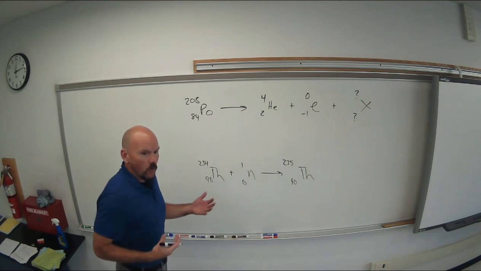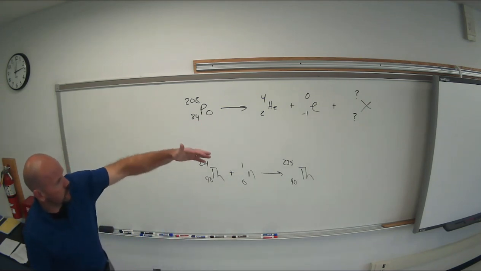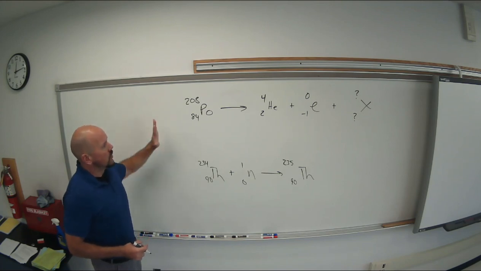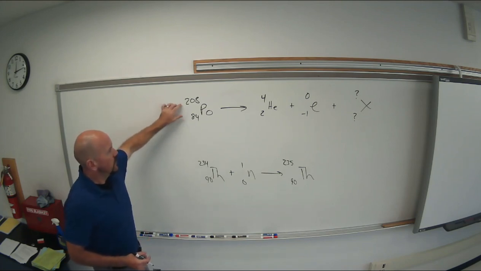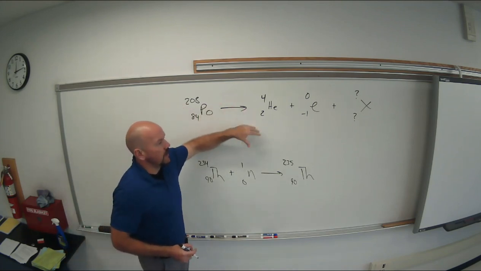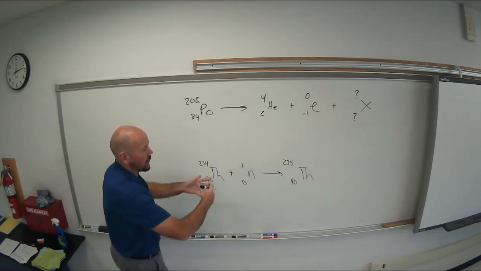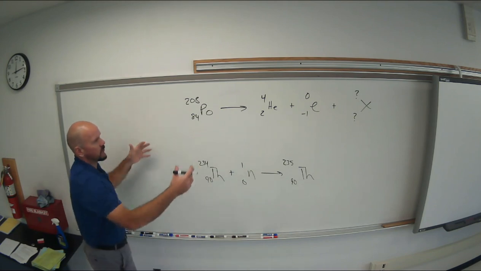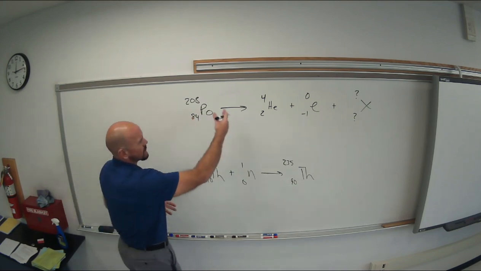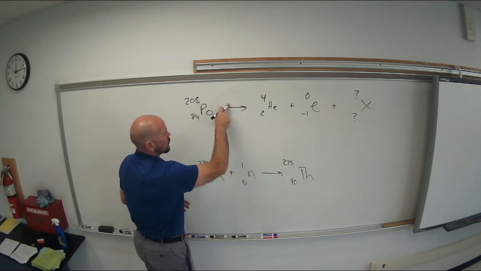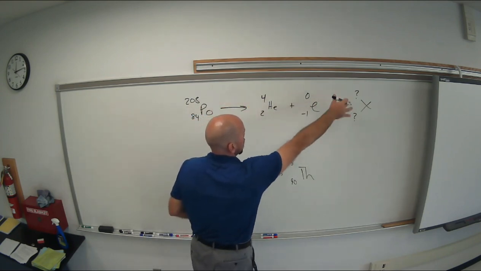Now, there's one way to do it, is just one full equation. You can include everything in just one equation. Or you could have shown polonium-208 undergoing alpha decay and figure out what that turns into, and then take that and undergo beta decay and see what that turns into, it'll come out to be the same answer. Again, it's not difficult math. This is an equal sign, so it would be 208 equals 4 plus 0 plus x.